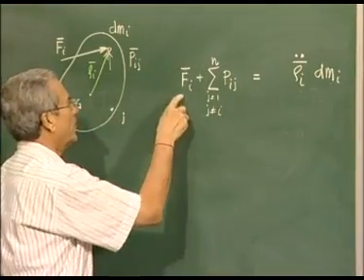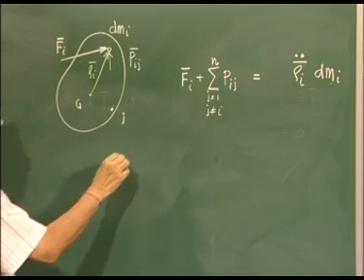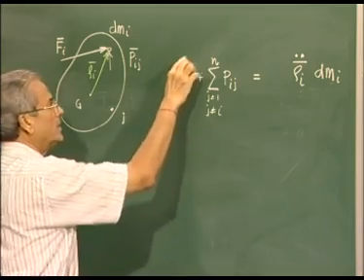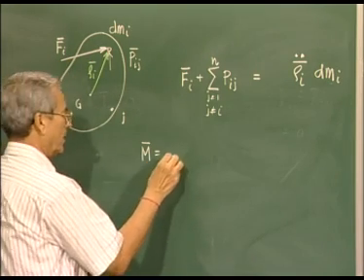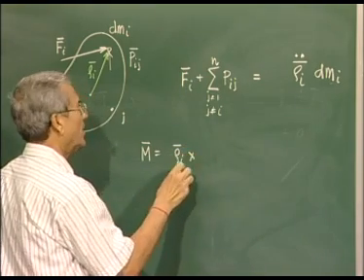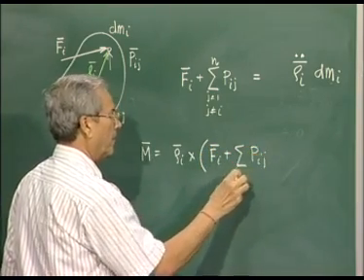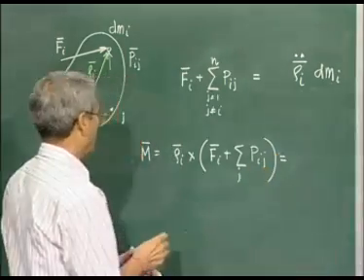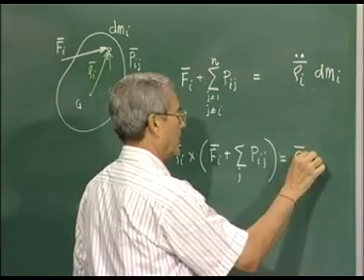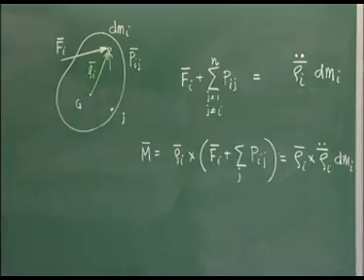So now, if we want to find out the moment of all these forces about point G, what is the moment due to this total force acting here? This will be rho i cross the force.